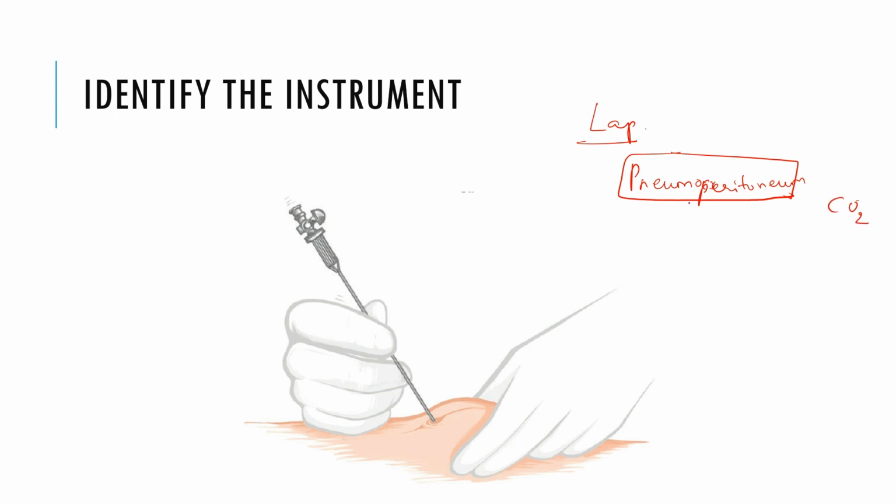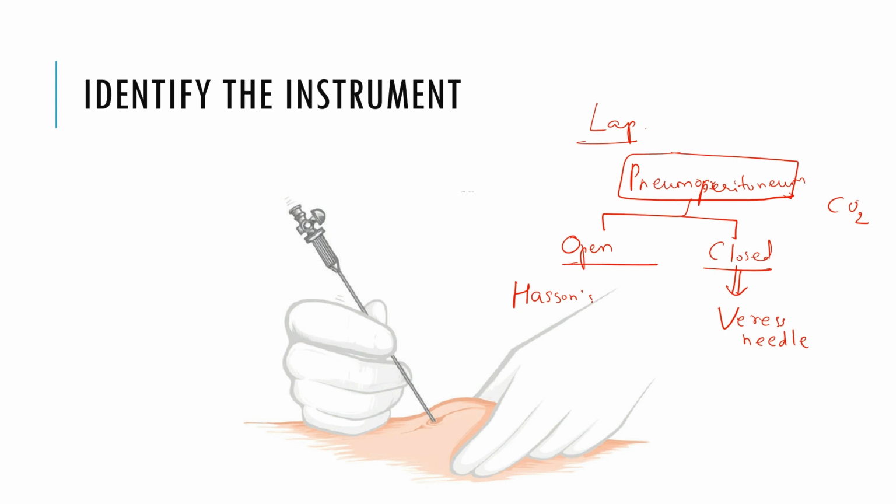So to create this pneumoperitoneum, we have two types of methods. One is your open method of creating pneumoperitoneum, another one is the closed method. In the closed method, this is the method shown in this picture. This instrument is called Veress needle. Now open again, there is a specialized instrument where we use a cannula.